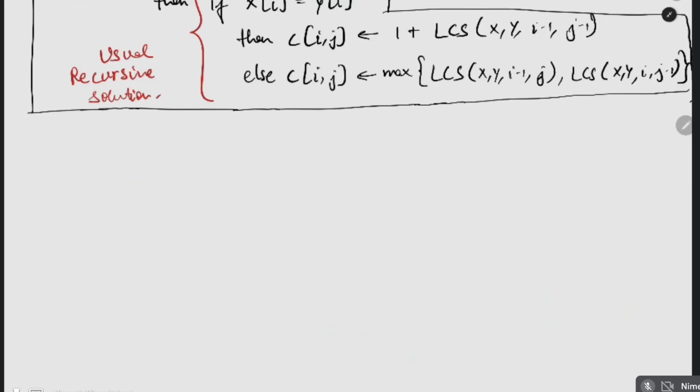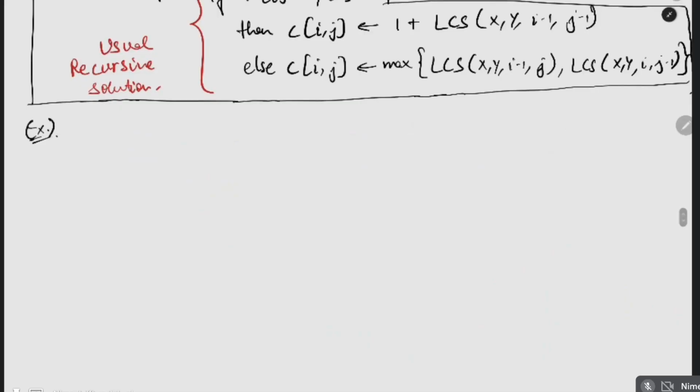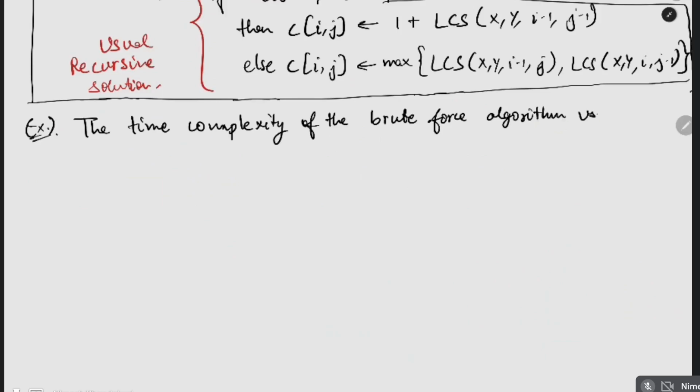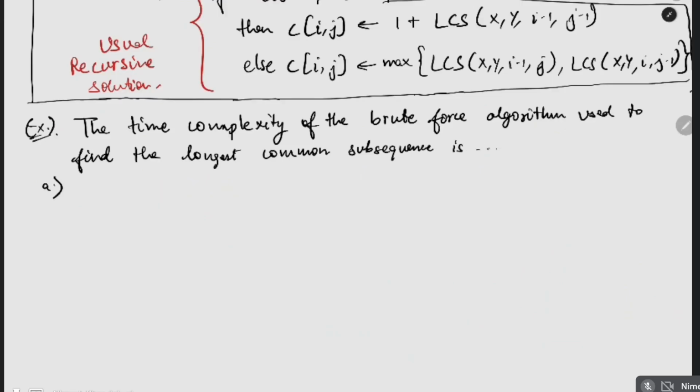Okay, so let's take one question. The time complexity of the brute force algorithm used to find the longest common subsequence is... Like, what is the order of the algorithm?